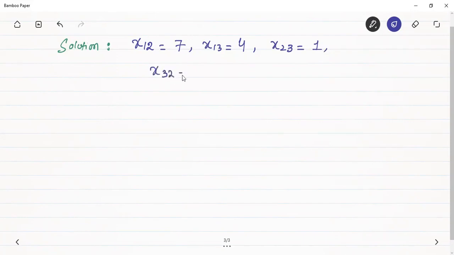X3,2. फिर X4,1. S4D3. X4,1 कितना आया? 1. Okay. And X4,3, I think, 3. 2 units.